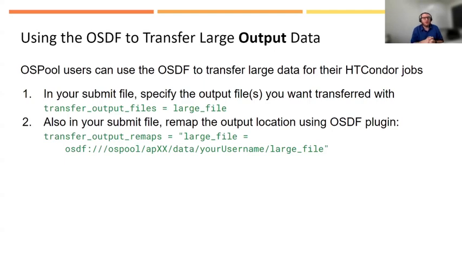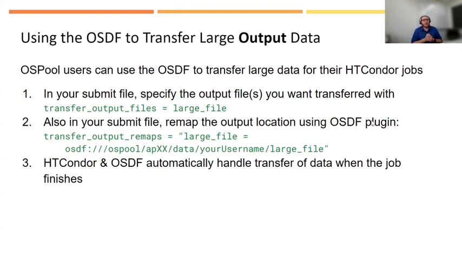Then you also have to use the transfer_output_remaps command. The transfer_output_files is saying what is the file at the location of the job, and then the transfer_output_remaps is saying, when you transfer that back, I want you to use the OSDF instead. So HTCondor will recognize this and know that the transfer is going to be handled by OSDF, and then you provide that same location on the access point where you have your input files. You do the same thing for your output files in this syntax.